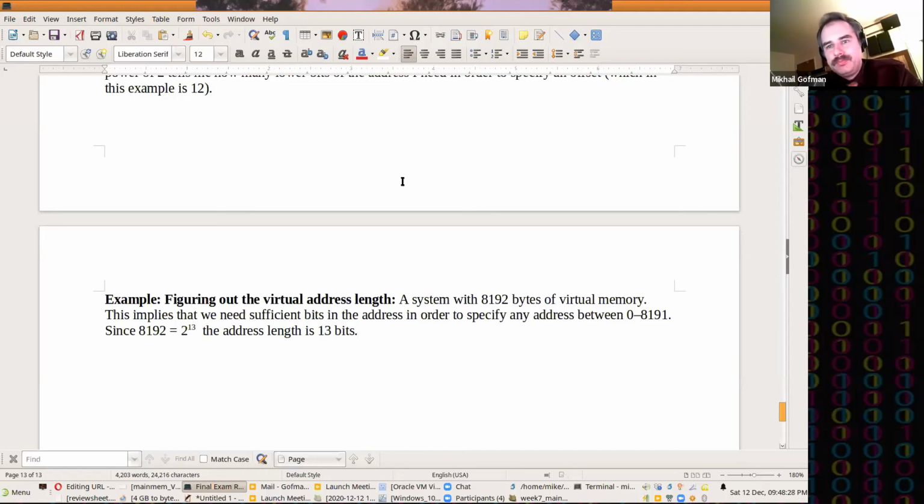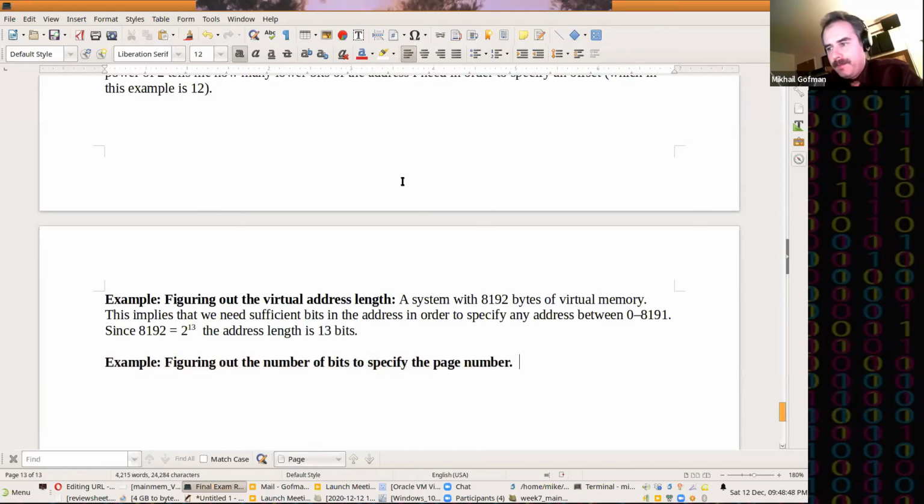Here's another basic example: figuring out the number of bits to specify the page number. This could be done in many different ways.